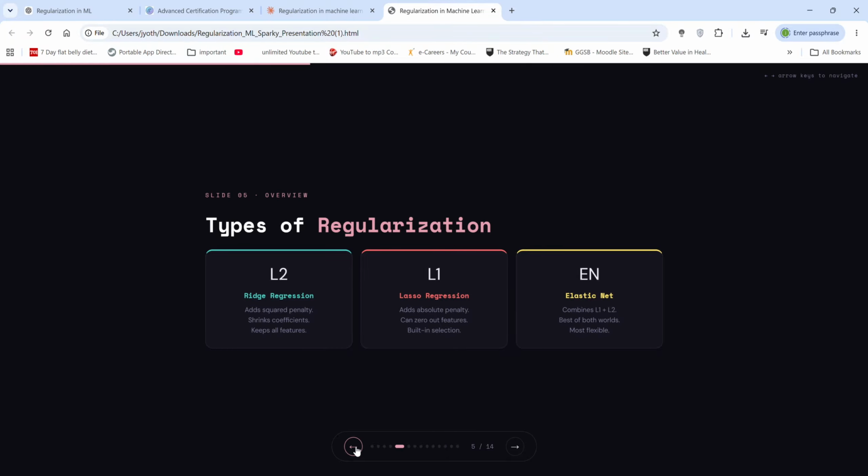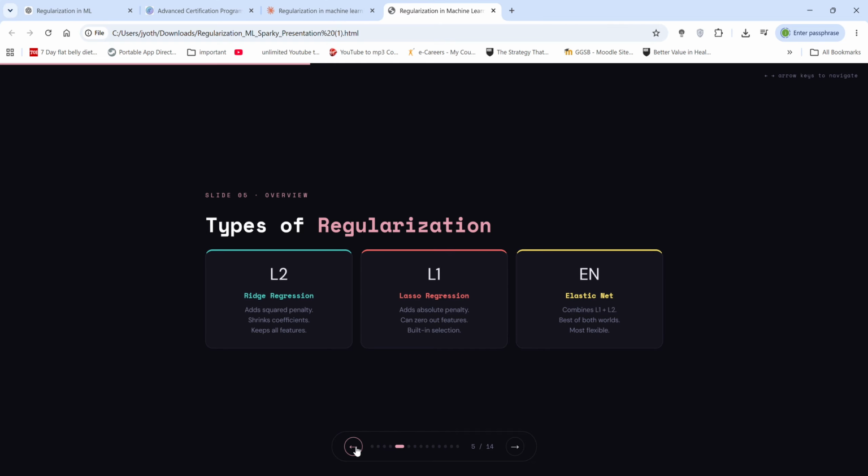Ridge regularization is also known as L2 regularization, and it is also known as Tikhonov regularization. Tikhonov is named after the scientist Andrey Tikhonov. Hence, it is called Tikhonov regularization.